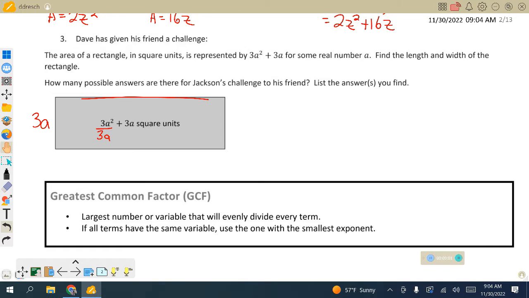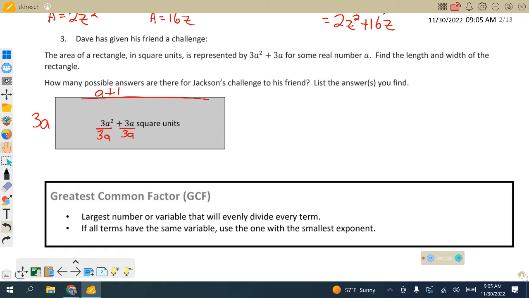A squared divided by a gives you 1a. And plus 1. We took a 3a away from both of these terms. 3 divided by 3 is 1, and a divided by a cancels out completely and gives you a 1. So with Caleb suggesting us doing a 3a first, that has to go with an a plus 1.